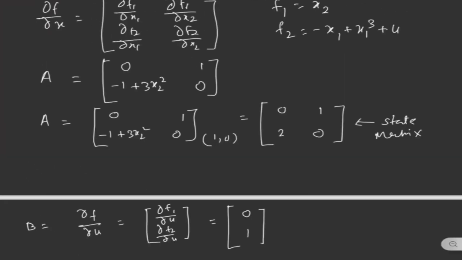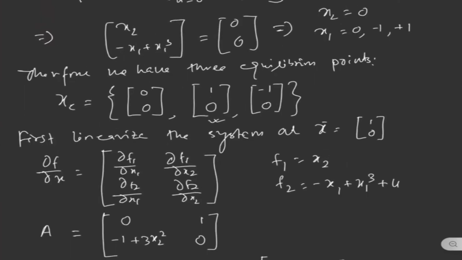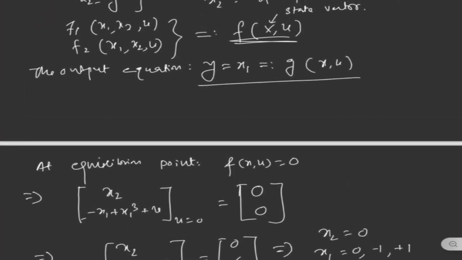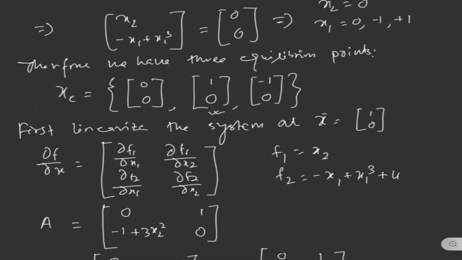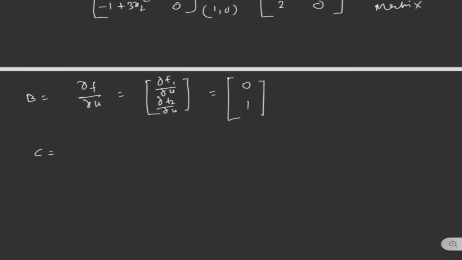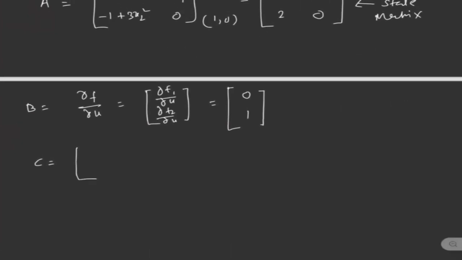If you see the output equation we have, it is only x1. So we can find ∂z/∂x1 and ∂z/∂x2.